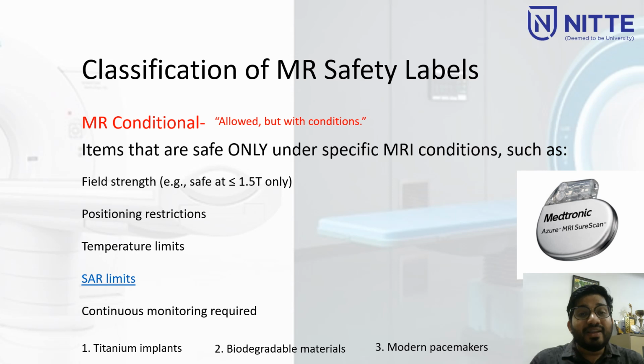So when we enable the MR mode, then we can do the MRI scan. Also, a device implanted for more than 6 weeks only is allowed to do an MRI scan. So always the pacemaker should be 6 weeks old, and the scan is done at 1.5 Tesla because pacemakers have a field strength limit. Most of the implants have 1.5 T, so it should be done in that particular 1.5 T MRI scanner.